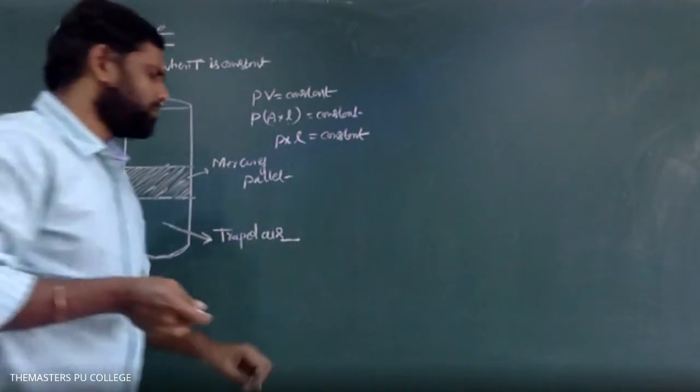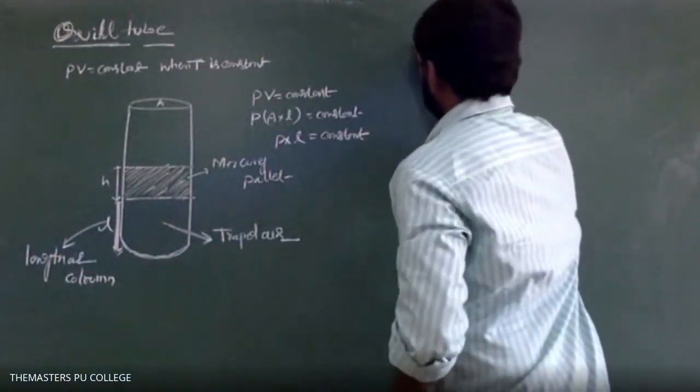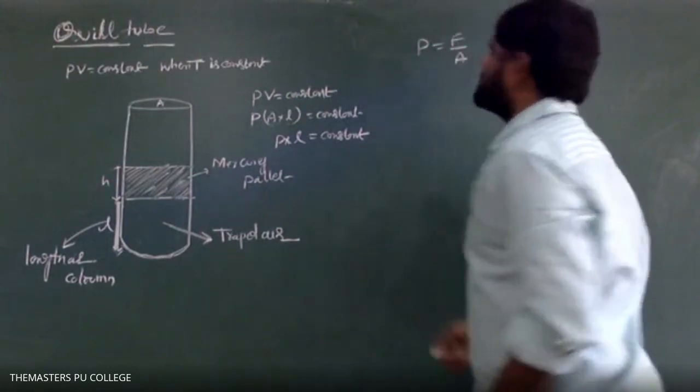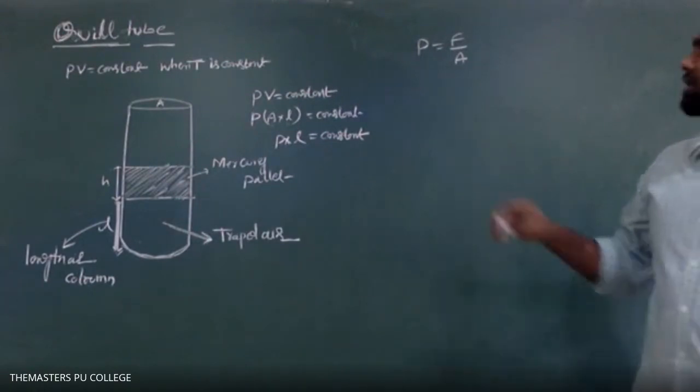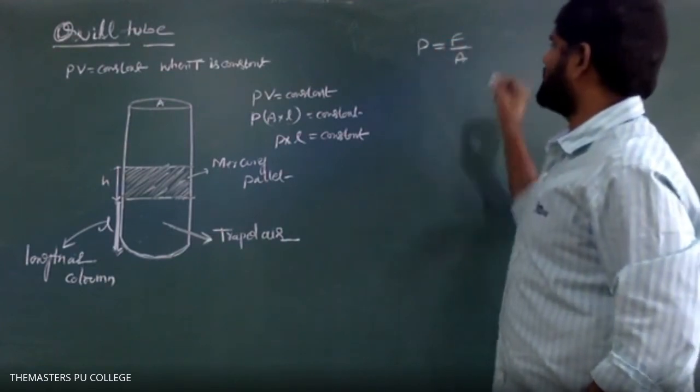Before going to the quill tube, there are two formulas we should remember. The pressure P equals force by area. You already know that pressure is the force acting per unit area normal to the surface.